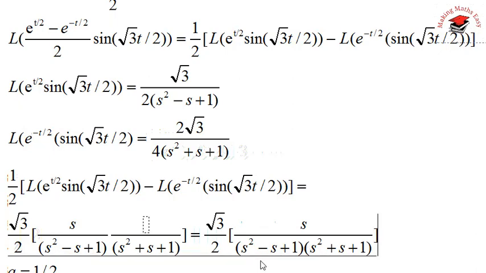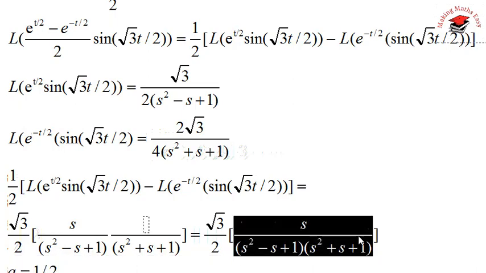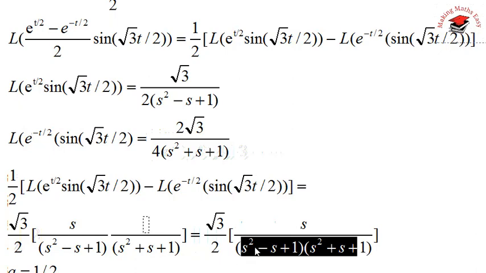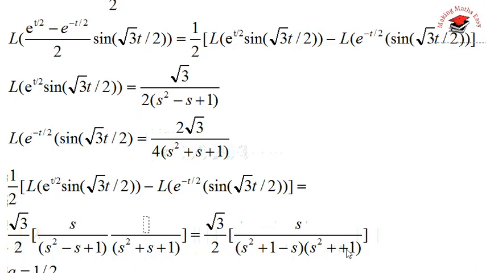So we will perform the a minus b into a plus b formula as a square minus b square in the denominator at this position. Okay, so this is my a square. Let us consider this as a, and let us take this 1 at this position. So this will become s square plus 1 minus s, and this will also become s square plus 1 plus s.